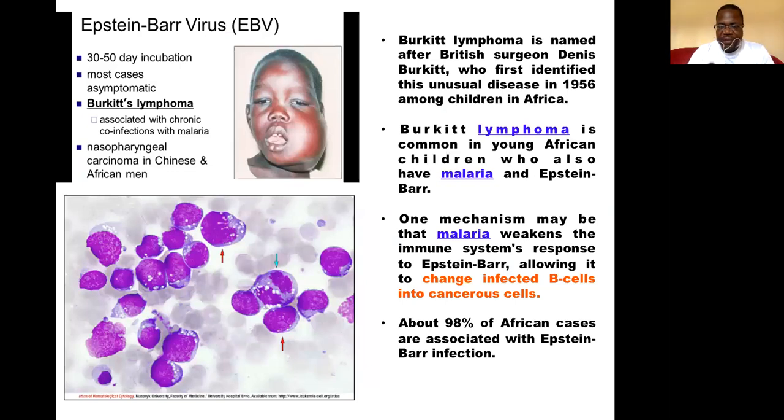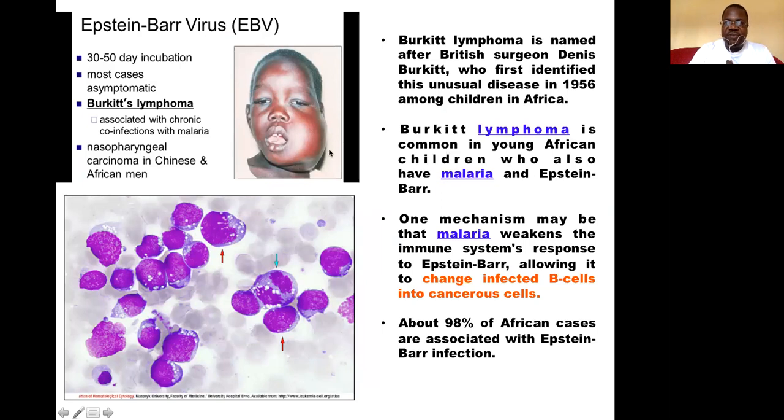EBV, Epstein-Barr virus, we say that it's associated with 3 types of cancer, and the first one and the most common among children in Africa, it's called Burkitt lymphoma. Burkitt lymphoma, it's what you can see in this child.